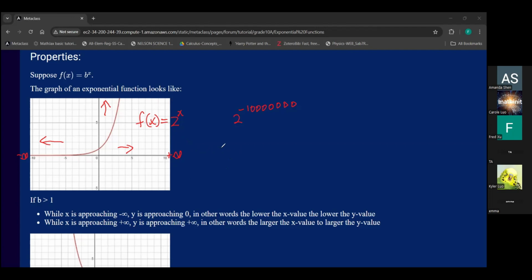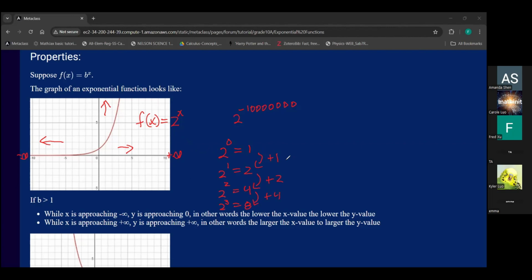Let's take an example. 2 to the power of 0 is just 1. 2 to the power of 1 is 2. 2 to the power of 2 is 4. 2 to the power of 3 is 8. You see the jump here is plus 1. The jump here is plus 2. The jump here is plus 4.